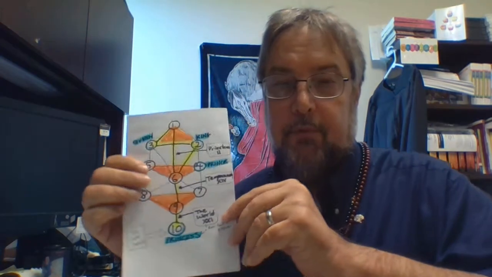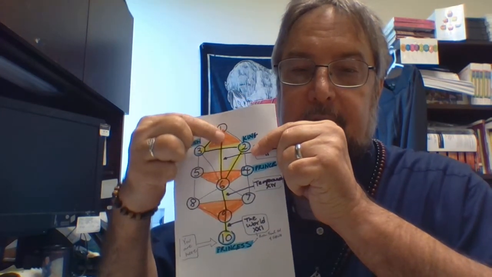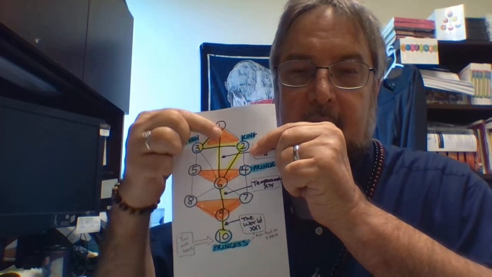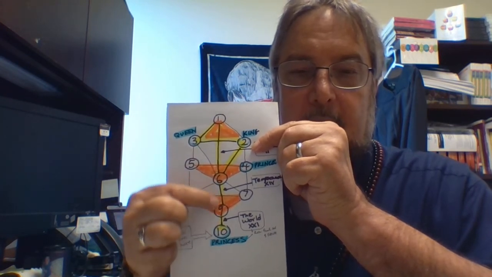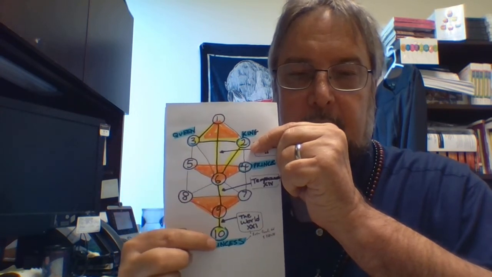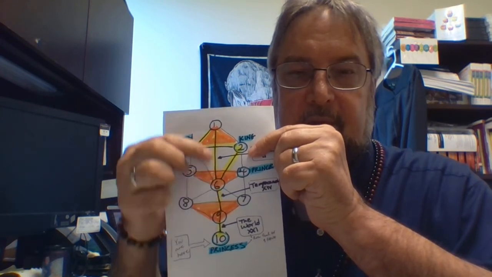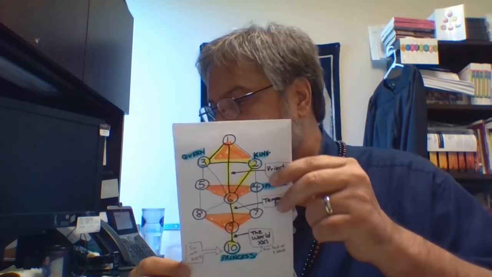So I just want to talk about these pathways as a pathway of meditation, connecting these happy Sephiroth from the 10 to the 9 to the 6, all the way back to Kether, the crown.